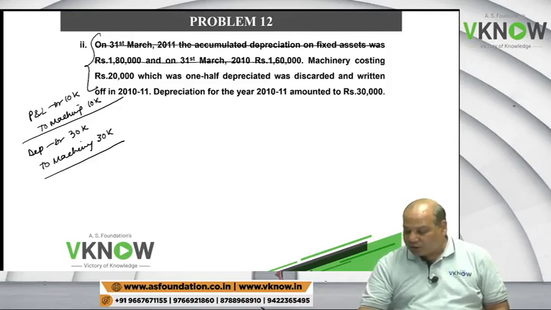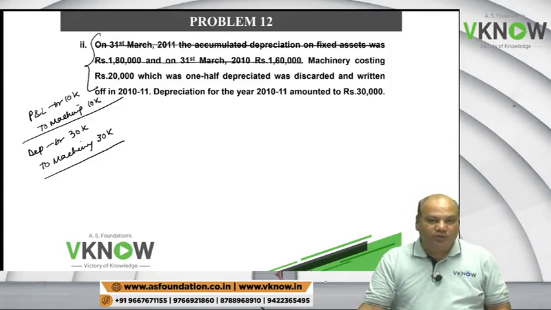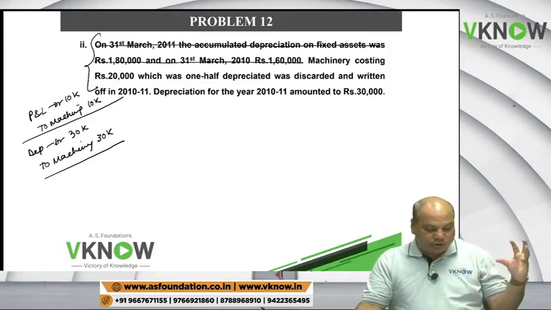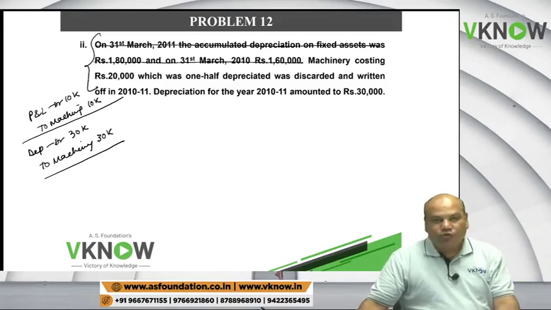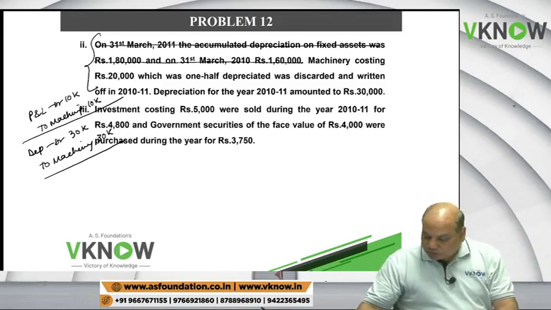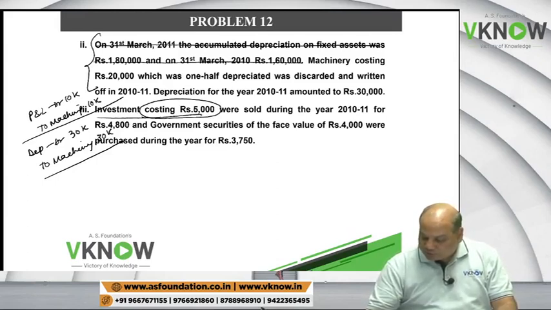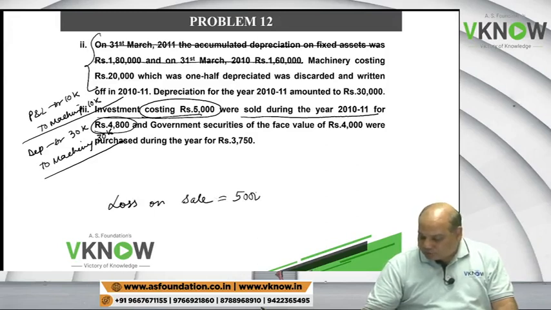This accumulated depreciation is not really required, because the question has given us the value of fixed asset in WDV form directly, so there is no problem. Point number 2, any query on this? Point number 3, investment costing rupees 5,000 was sold during the year for 4,200. So loss on sale is 5,000 minus 4,800, 200.